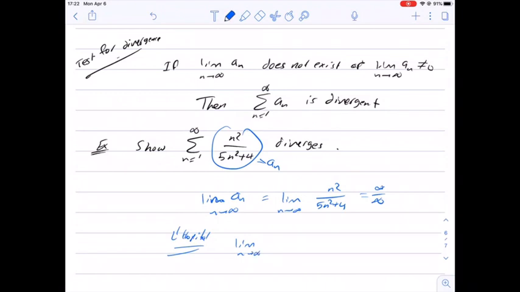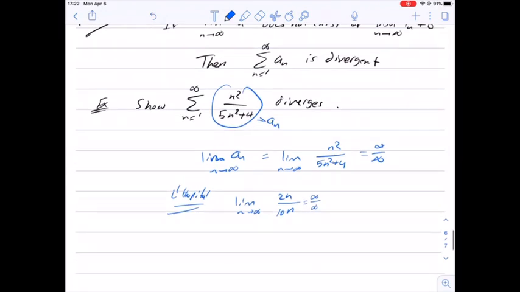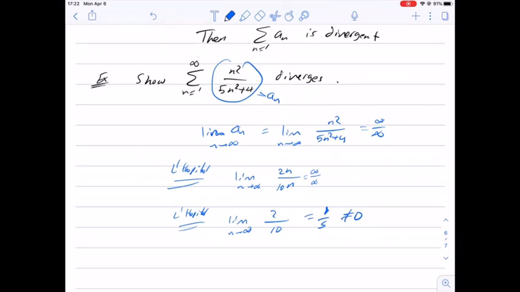We find the derivative of the numerator and denominator. The derivative of the numerator is 2n, the derivative of the denominator is 10n, and then we still have infinity over infinity, so we apply L'Hopital's rule again. We differentiate the numerator, we get 2, differentiate the denominator, we get 10, so it's 1/5. So this is not equal to 0.